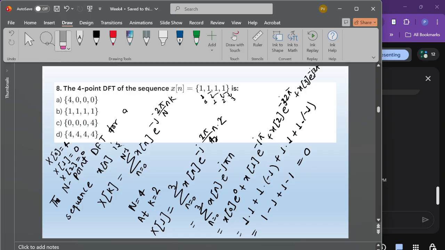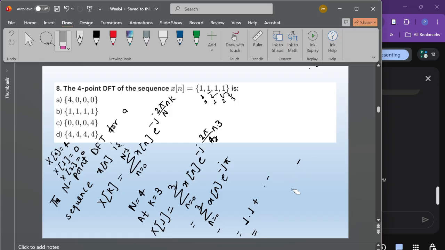Now again we need to calculate for k is equal to 3. So here 3. So now put all these values and just calculate for n is equal to 3.